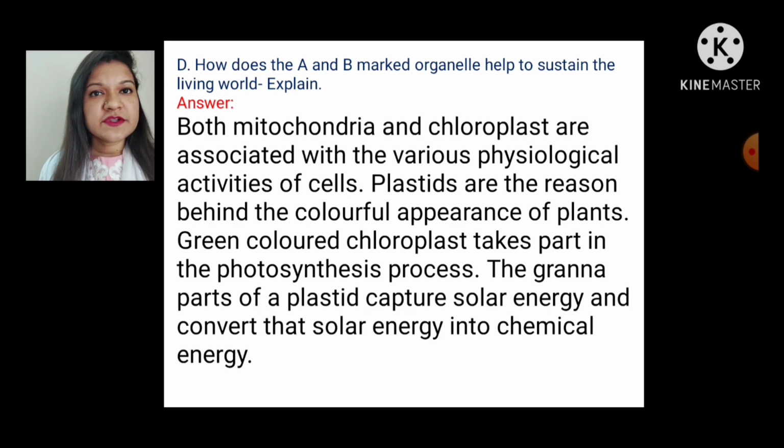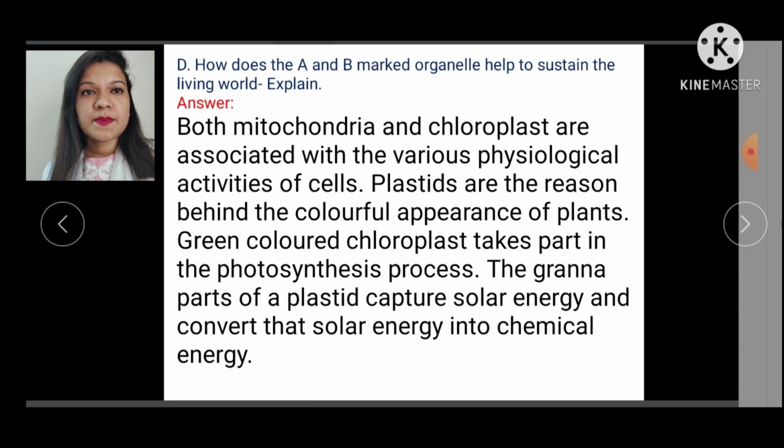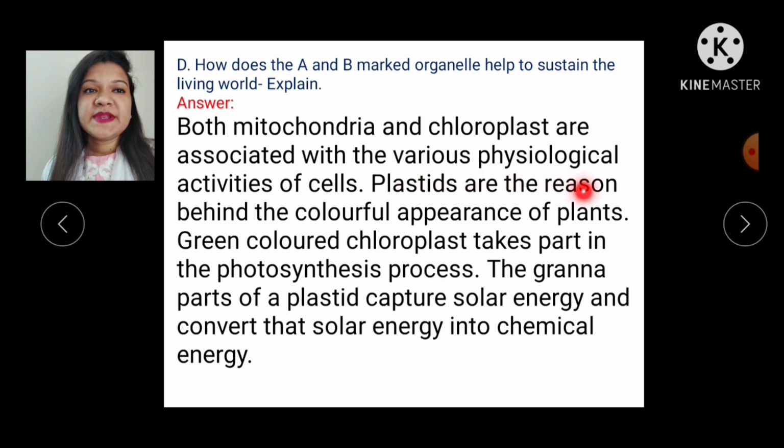So, first of all you have to write that both the A and B marked organelles, mitochondria and chloroplast, are associated with the various physiological activities of cells. Plastids are the reason behind the colorful appearance of plants. Green colored chloroplast takes part in the photosynthesis process.